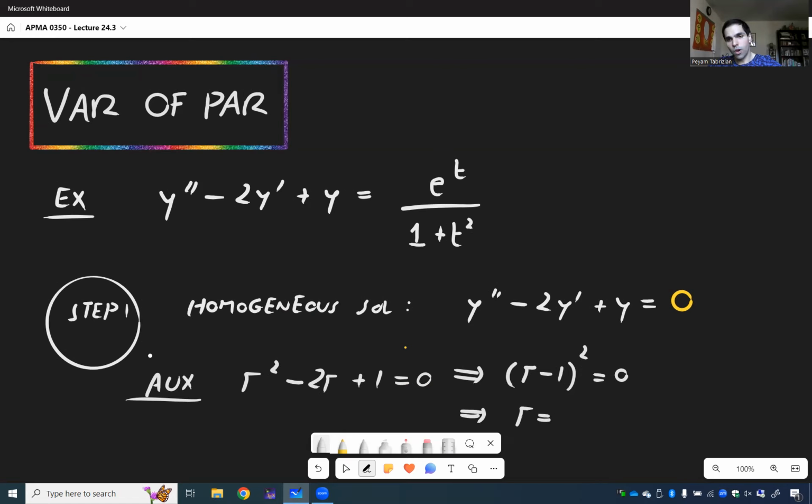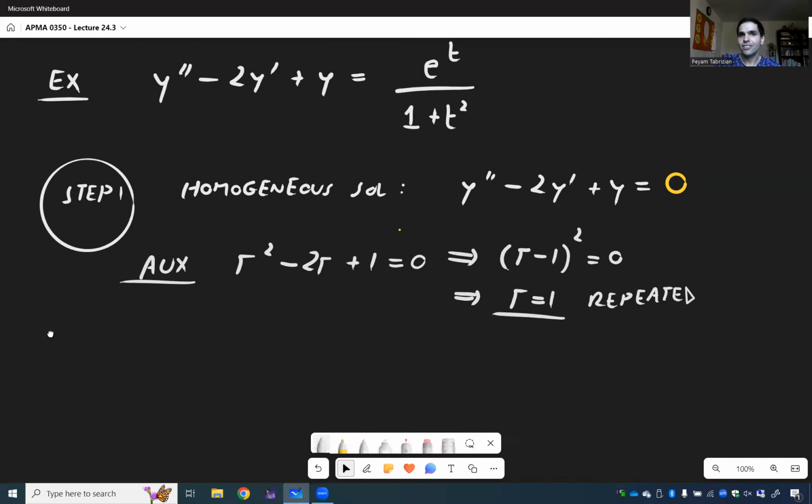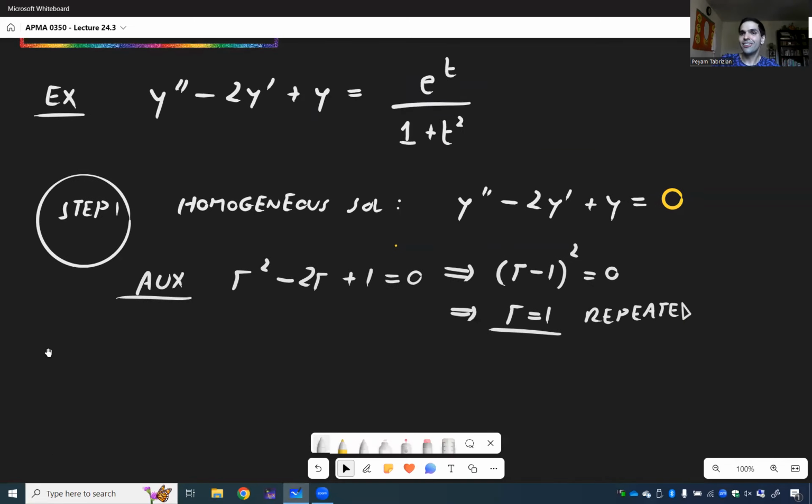And so r equals 1, which is repeated. Repeat it, and then just like Michael Jackson says, repeat it, repeat it. Which tells you that our homogeneous solution is a e to the t plus b t e to the t.